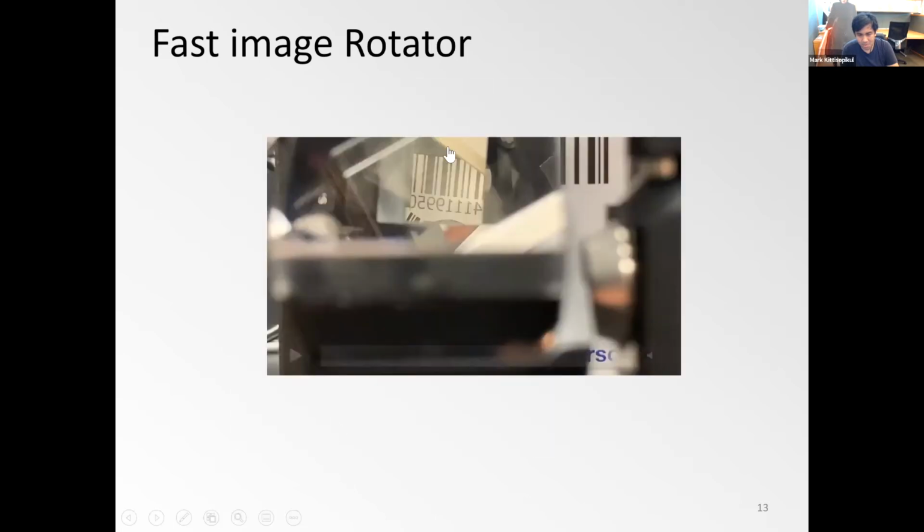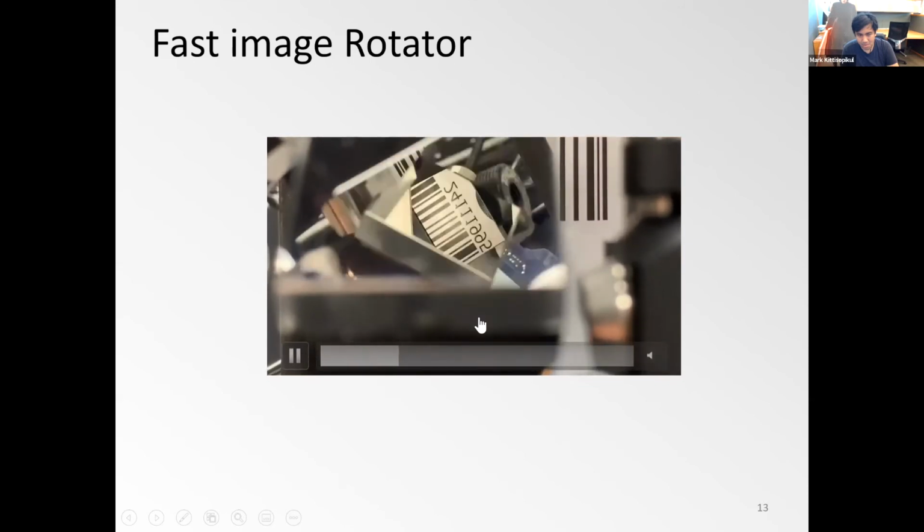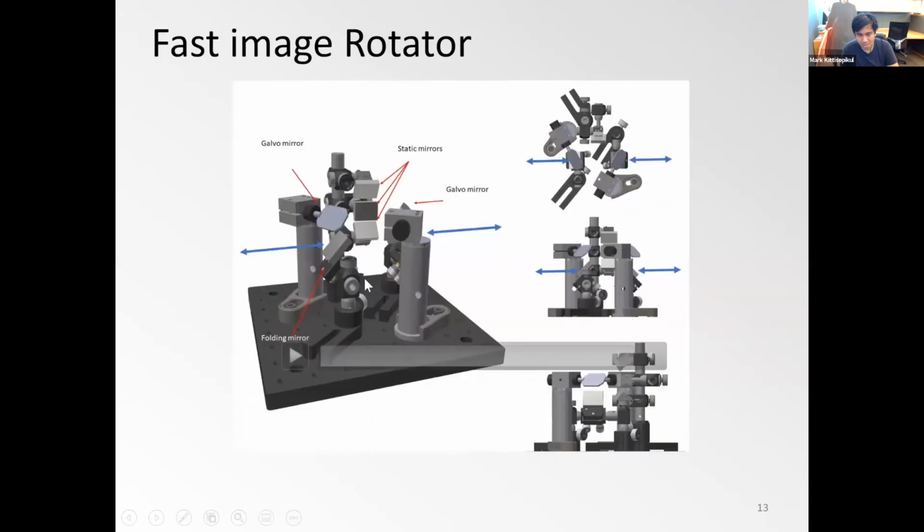Okay, and this rotation is solely done by rotating these 2 Galvo mirrors, which you can do relatively fast. So these are 2 Cambridge mirrors. Their size governs a bit the field of view. So you would want the smallest mirror you could get, but then your field of view would be limited.